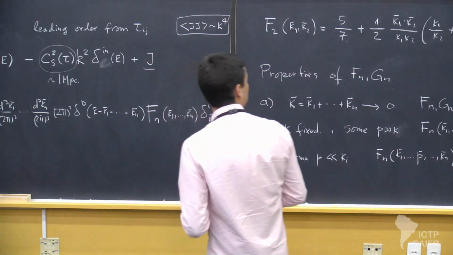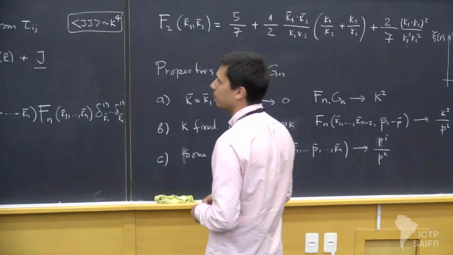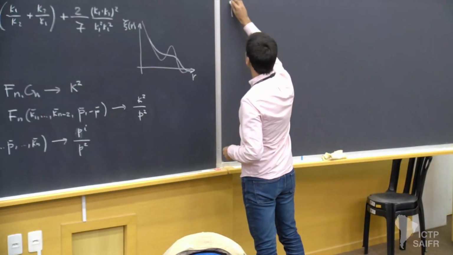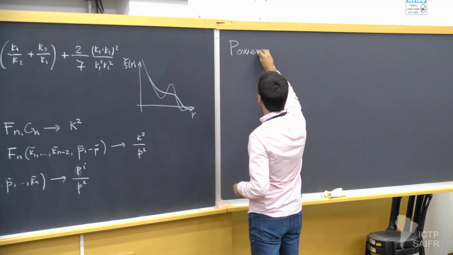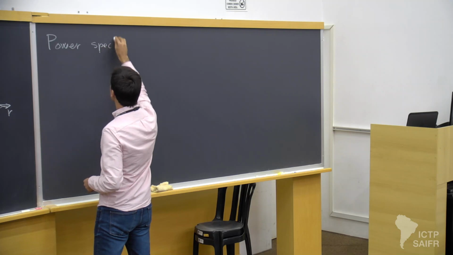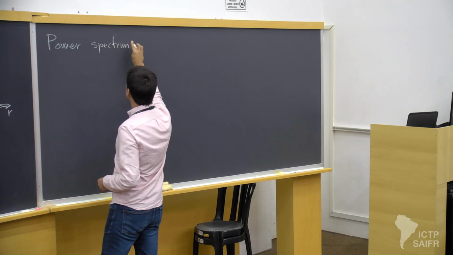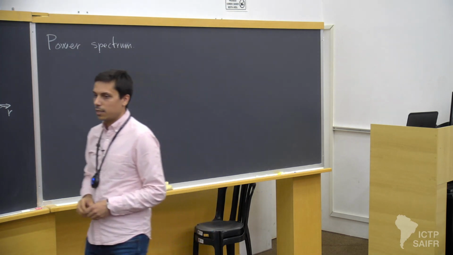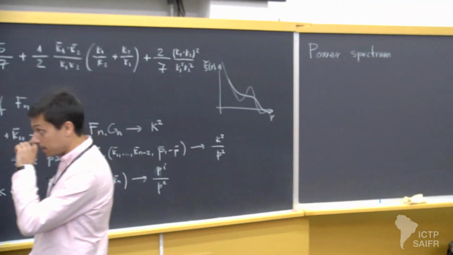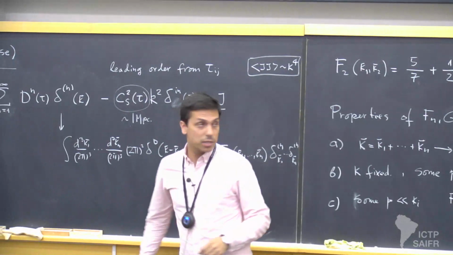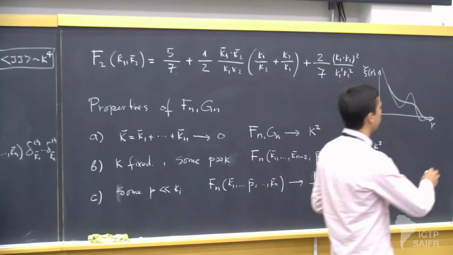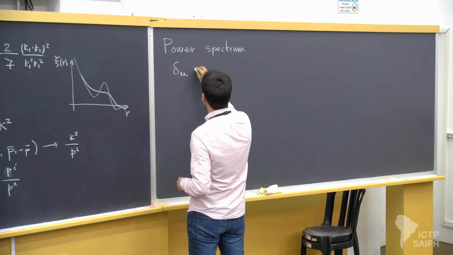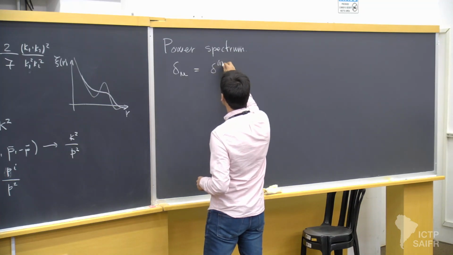So let me indeed start with the power spectrum. All right. So schematically, we have that delta nonlinear is equal to delta linear.